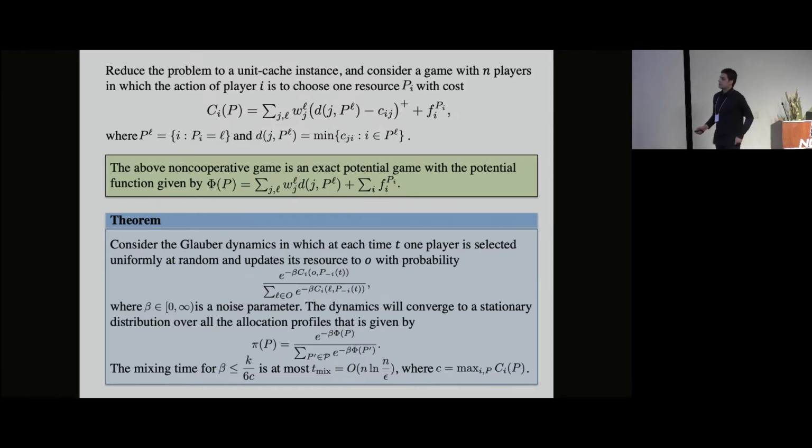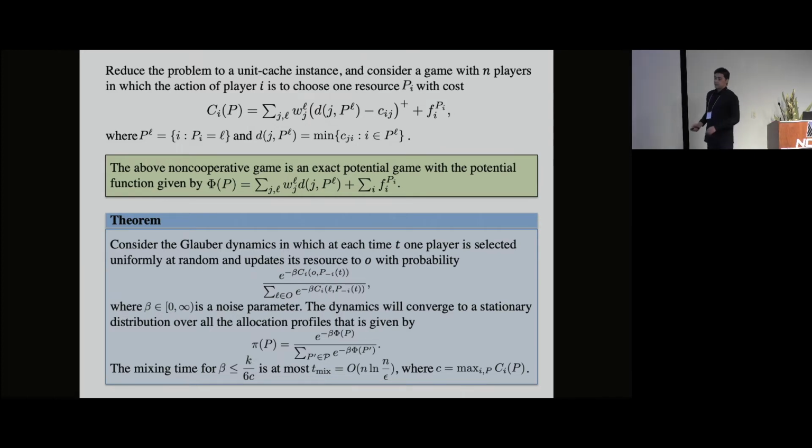And if you do this type of dynamics, then these dynamics are going to converge to some stationary distribution, which is given by the Gibbs distribution over all the allocation profiles that you could have in the game. So if the noise parameter is large, then all the mass of this probability distribution is going to concentrate around an allocation profile with the minimum potential value, and this is exactly what we are looking for.